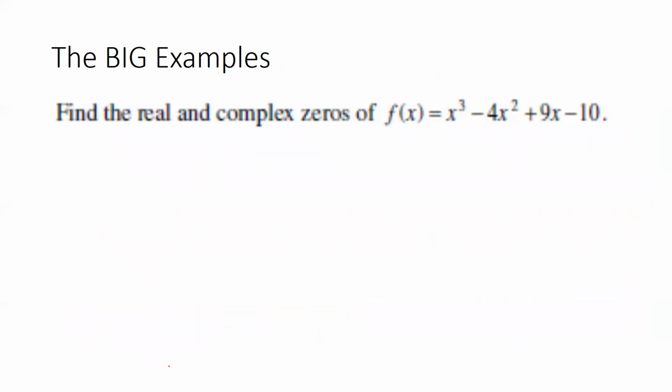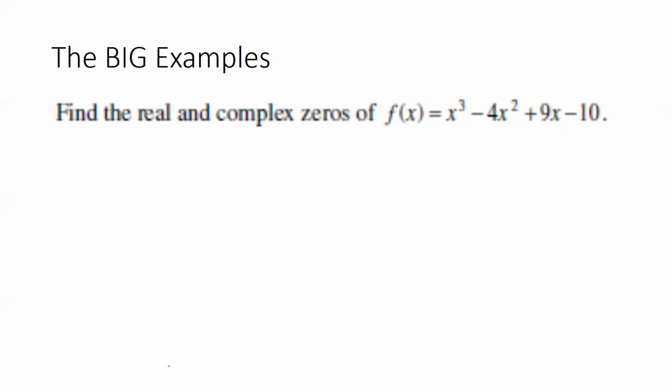I want you to find the real and complex zeros of this thing. Now, here's what we're going to do. I want you to pause and try this exercise. You're going to need to break down this polynomial until you get down to a quadratic polynomial and then solve the quadratic that's left.